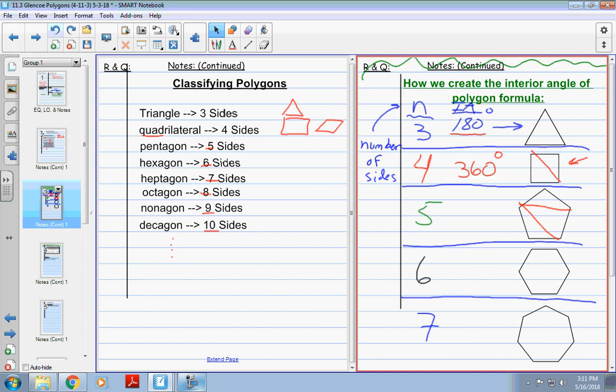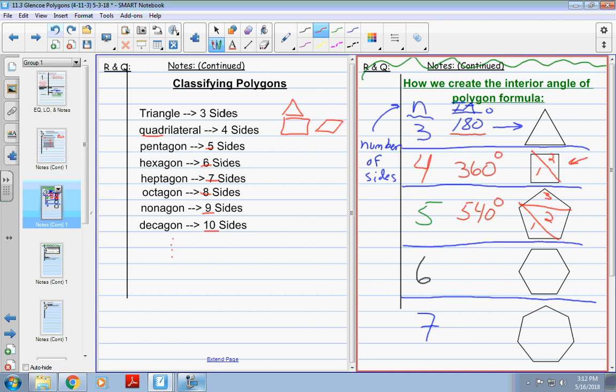And I know my smartboard didn't do a good job of showing not going over any other line, but how many triangles did we create inside of a pentagon? Yeah, it's 3. So we have to do 3 times 180. So that gets us 540 degrees. So the interior angles of any pentagon are 540 degrees. I should probably label my 2 triangles there.